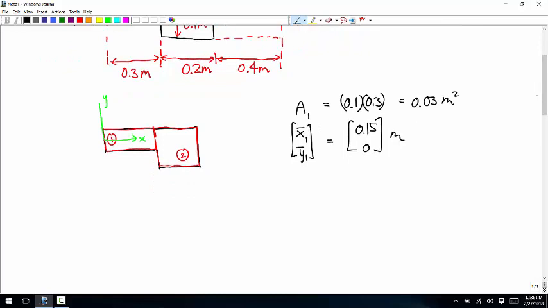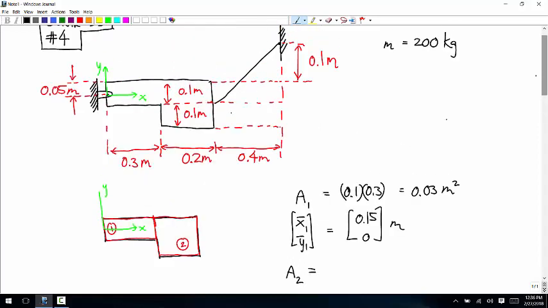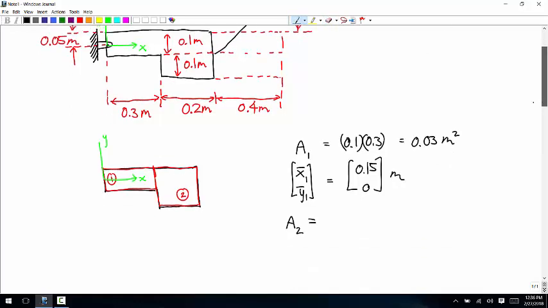And then for the second rectangle, the area is, let's see, it has a height of 0.2 and a width of 0.2. So 0.04 meters squared.